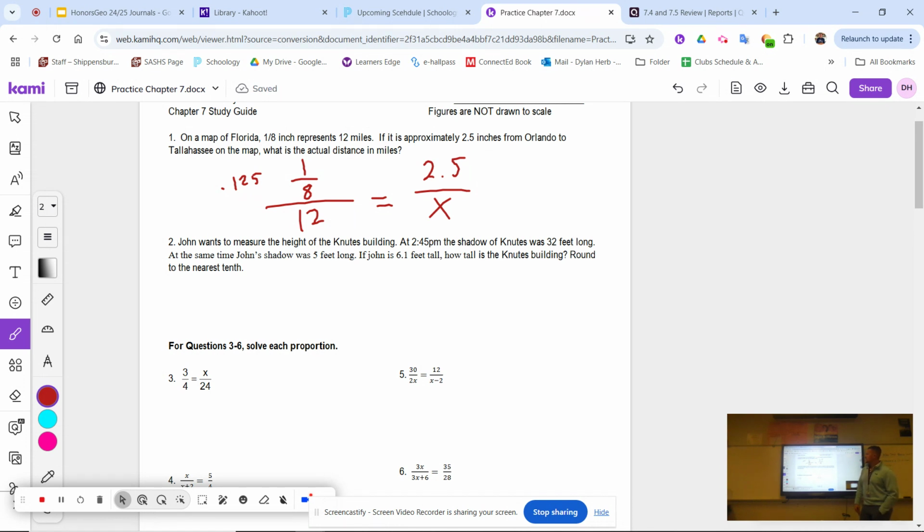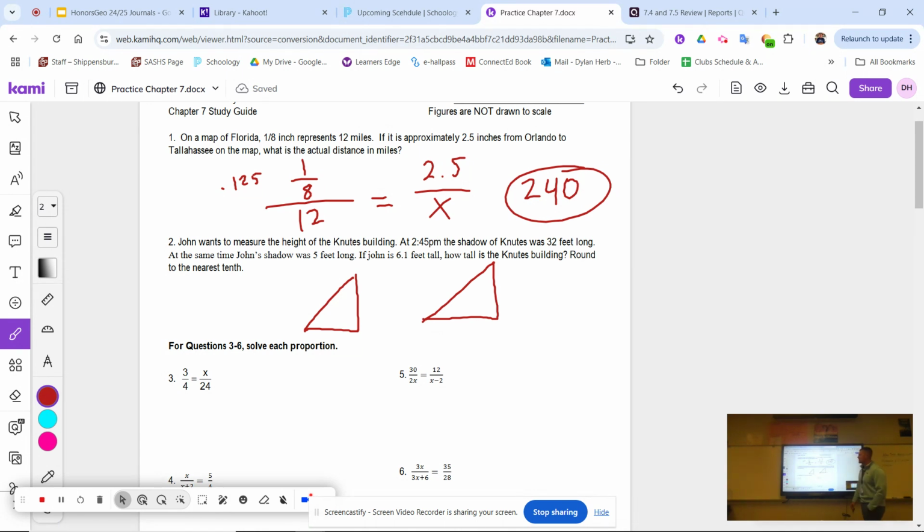So let's see. I believe you should get 240 if you cross multiply and solve that. 240 miles.